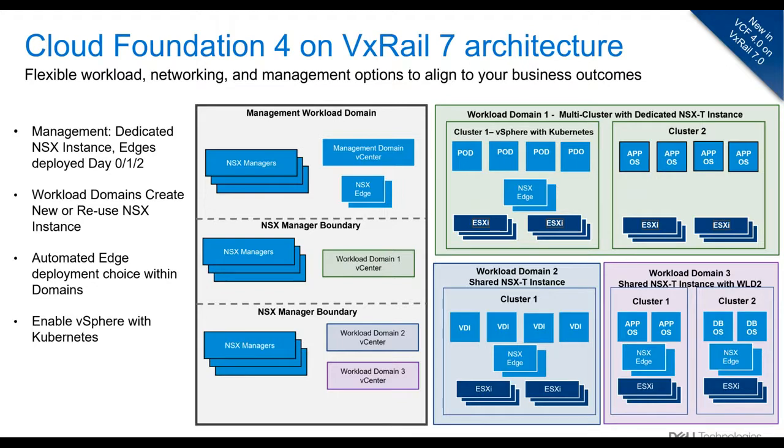So in 4.0, we now have the ability to choose whether or not a customer wants to share an NSX-T instance that has been deployed across multiple workload domains for the workloads running on both of them, or I can dedicate multiple NSX-T instances to each of the workload domains that I deploy. And so you see that architecture laid out in the diagram in this slide to point out that you can choose some flexible deployment models of how many NSX-T managers I'd like to use, and what they are managing as far as the workloads and the workload domains.